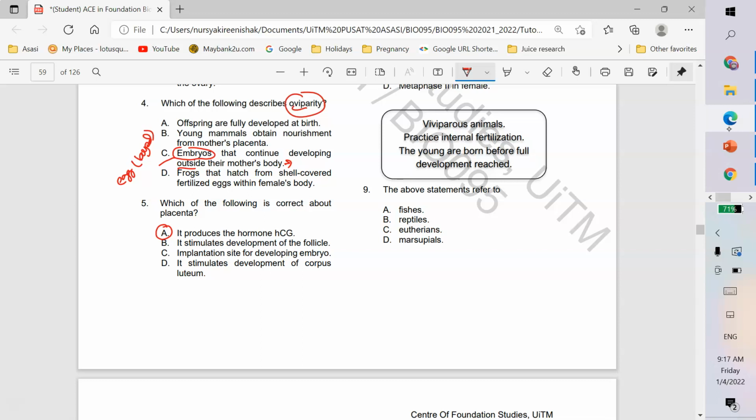Okay, so the question, which of the following is correct about placenta? So you answered produces HCG.